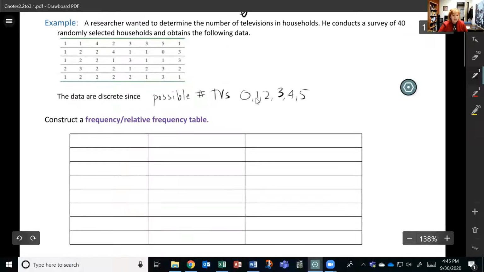So we're going to create a frequency and a relative frequency table of this data. We're going to start here with the number of TVs. And then we're going to come over here and say this is the frequency. If you remember, the frequency is the same thing as a count.